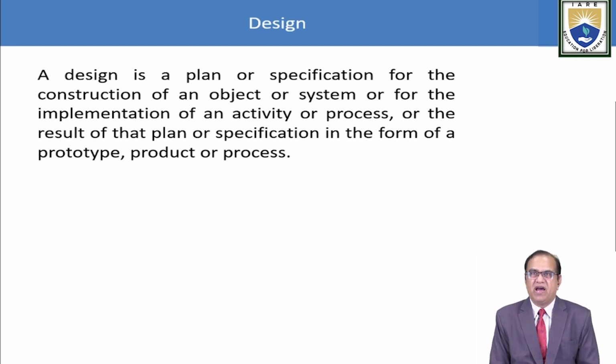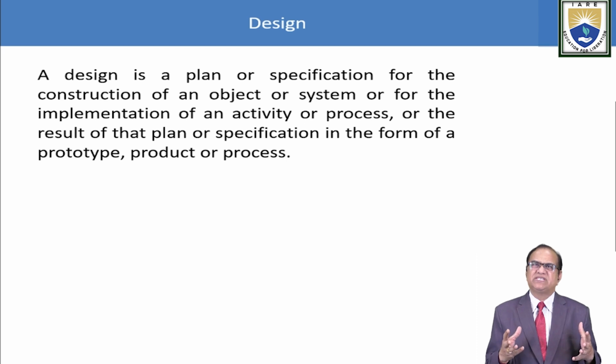A design is a plan or specification for the construction of an object or system or for the implementation of an activity or process, or the result of that plan or specification in the form of a prototype, product or processes. So, design means a plan.